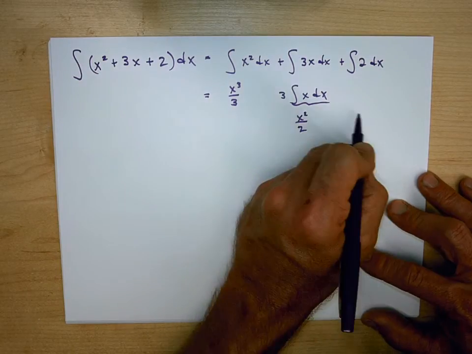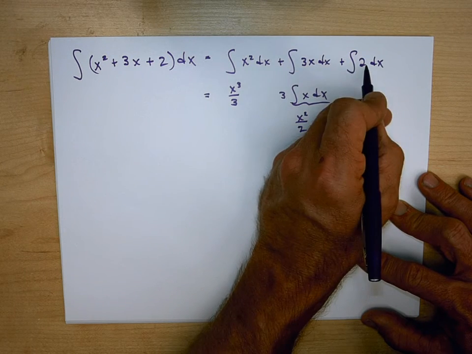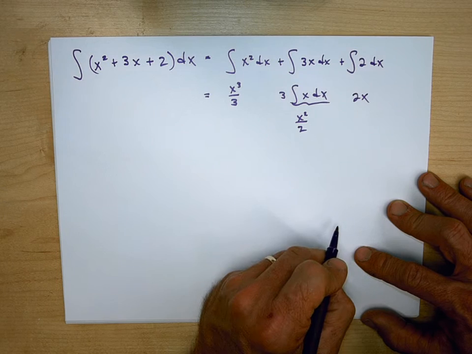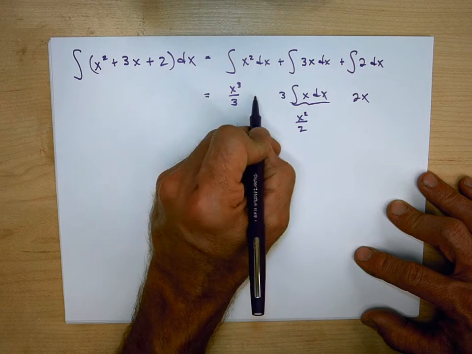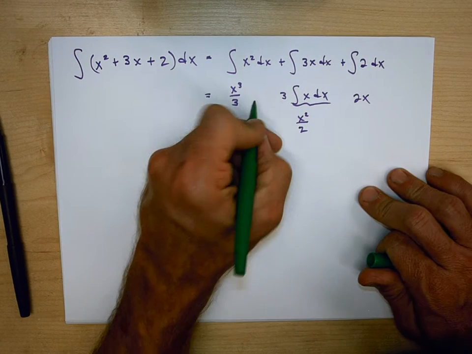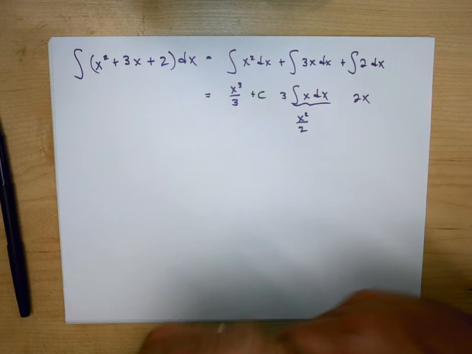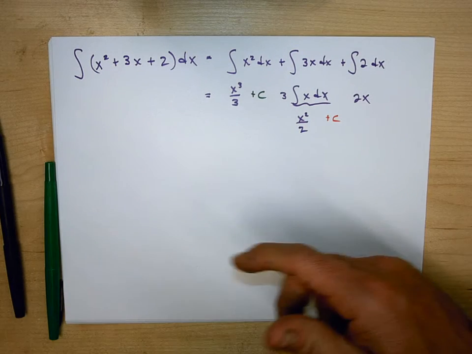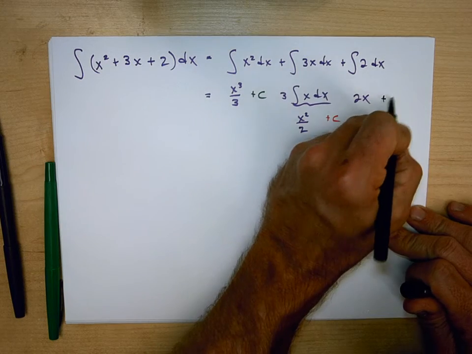So this, we can use our power rule, that's just x squared over 2. All right. And then here, well, what do I take the derivative of to get 2? Well, that would just be 2x. Now, technically, there would be a plus c here, and there would be a plus c here, and there would be a plus c here.